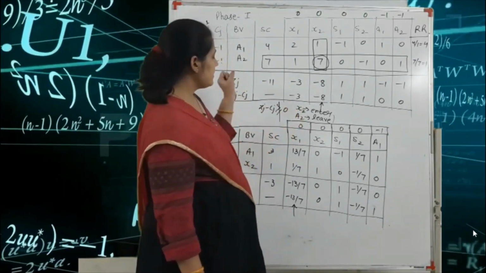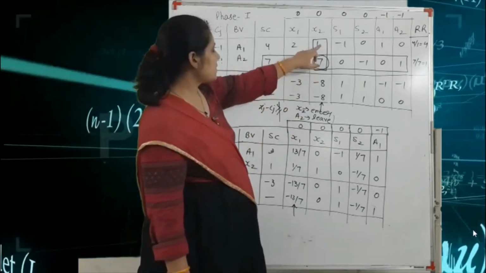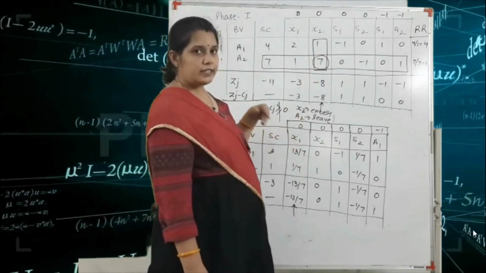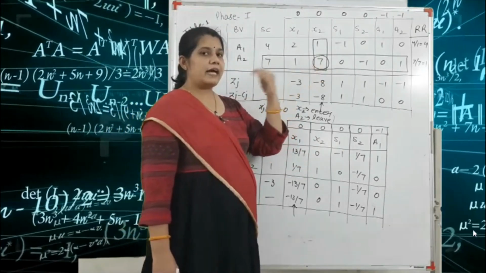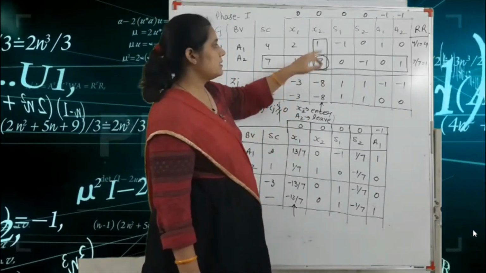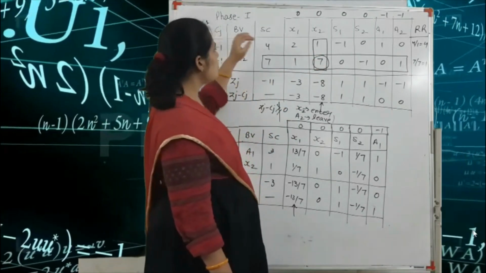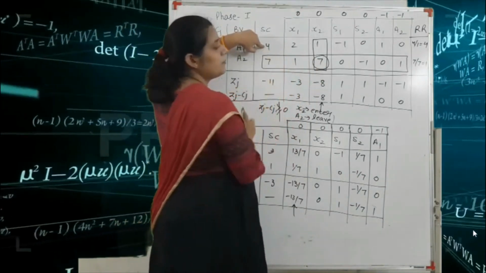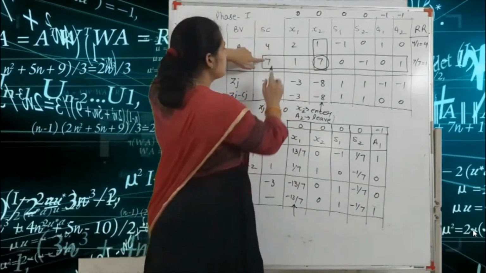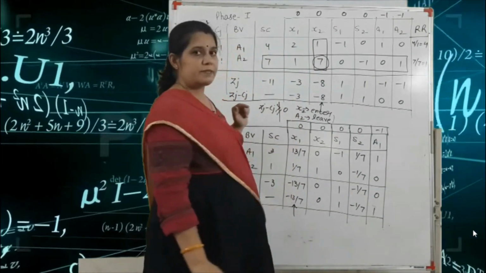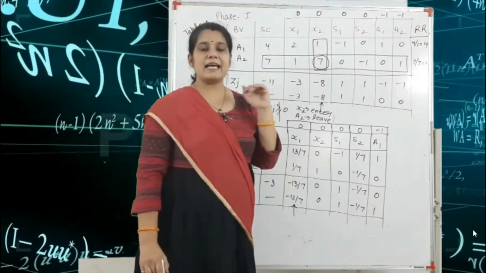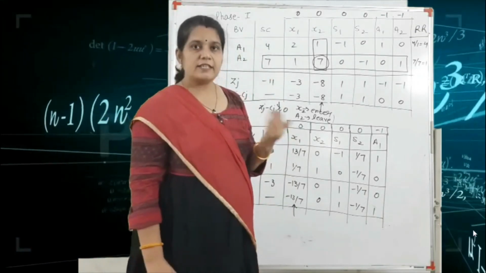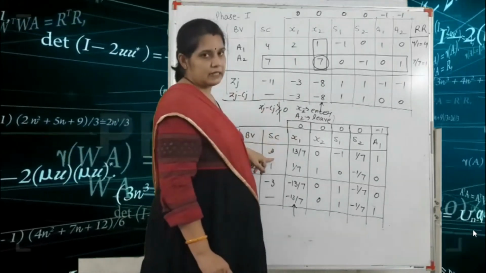Okay. After that, according to the key number, upper side and lower side, you immediately write the 0 value here. So first we write this value. So 7 into 4, 28 minus 7 into 1, that means 7. So 28 minus 7, that means 21. Divided by 7, that means 3. Okay.